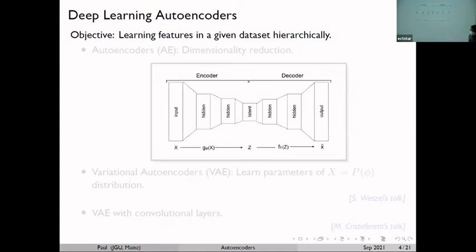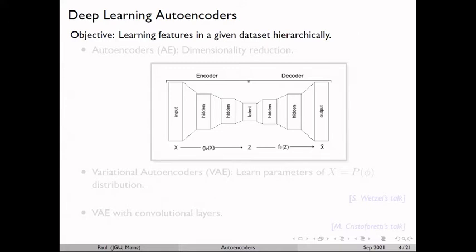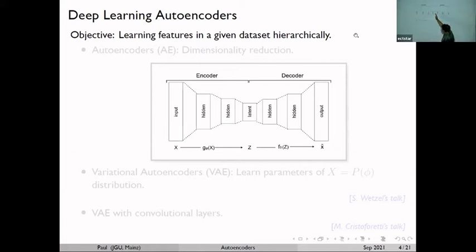I mean, you have been listening to this since yesterday. The objective of deep learning autoencoders is learning features in a given data set hierarchically. And this is a typical structure of an autoencoder as we have inputs. Then slowly the information goes through the hidden layers, and finally it's synthesized into a latent variable, and then it's again decoded to get the final output.